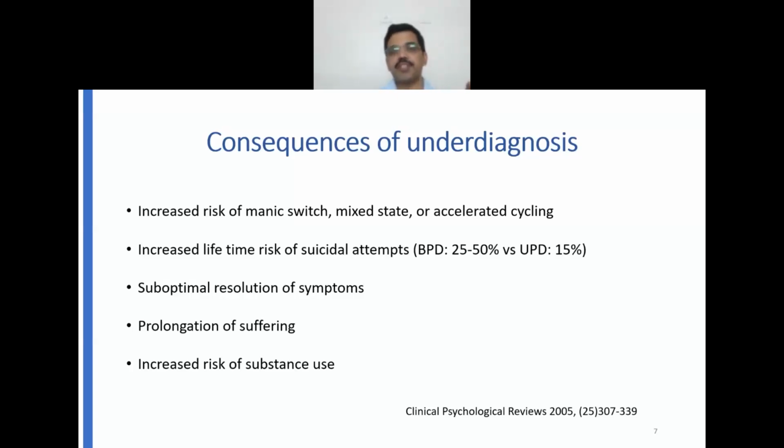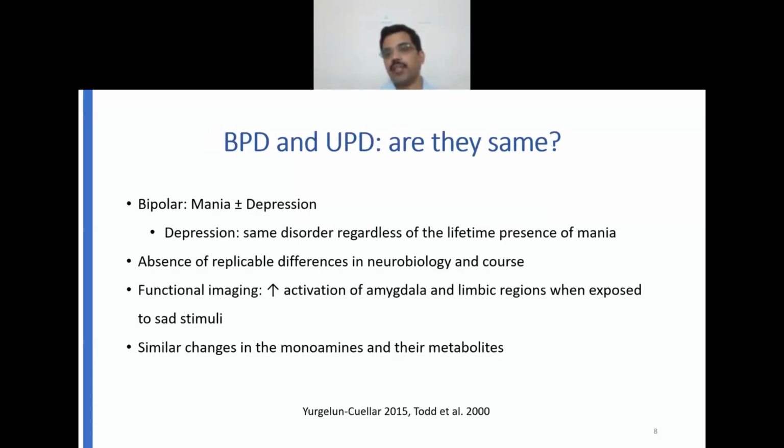From the first visit itself, how can we do the clinical dissection in a proper way? Now, before that, let us try to understand these two constructs, bipolar depression and unipolar depression. Are they the same, or are they distinct entities? Bipolarity means that there is mania with or without the presence of depression.